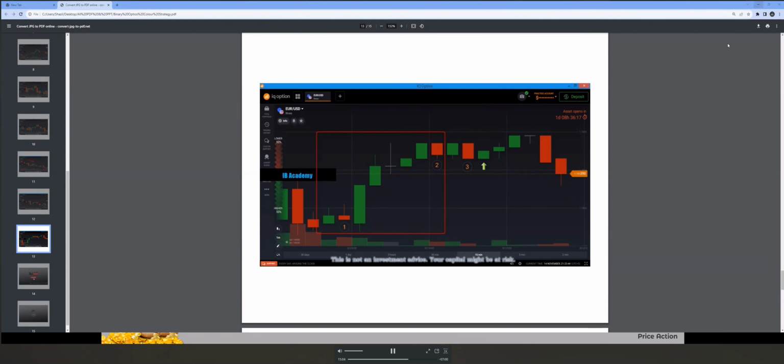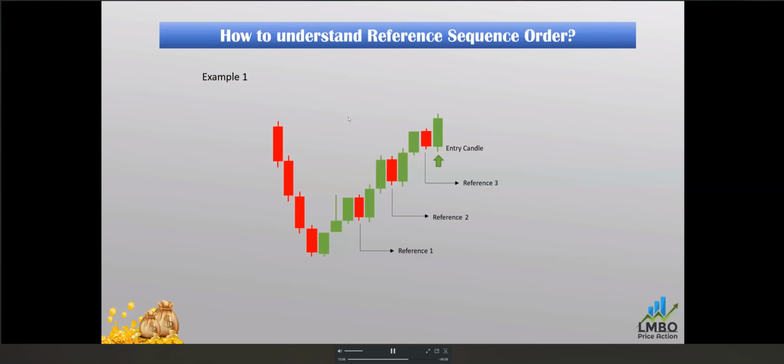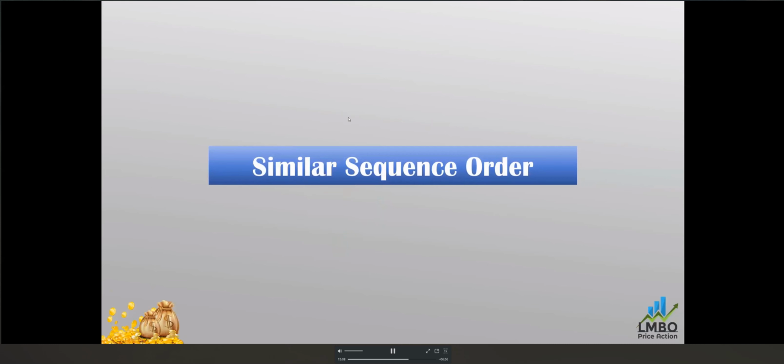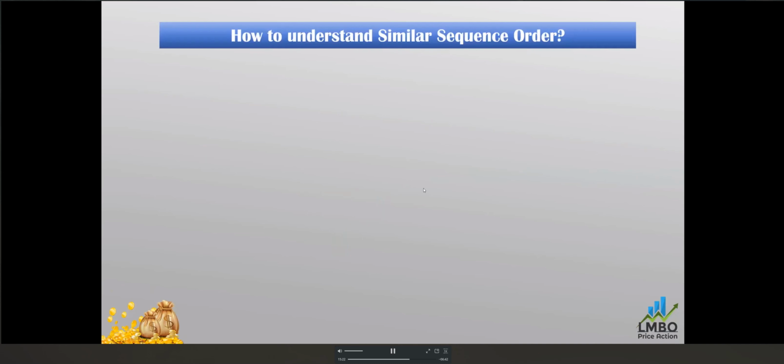Let's identify another sequence. The name of that sequence is the similarities. Similar means both are equal in shape, equal in value, like that. Here just look at the candlesticks: one green candlestick, and then you find two red candlesticks.